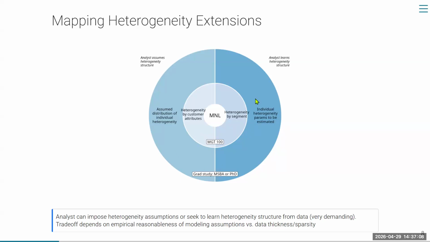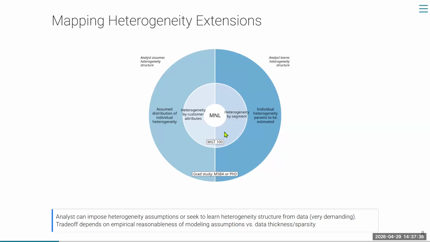And then outside of those, more complicated than that, strictly more general, we can assume a distribution of individual heterogeneity parameters and then estimate the hyperparameters of that distribution. Or we can try to learn the distribution from the data, which again is the most flexible, but it's also the most demanding of the data. We're often not going to have enough data to do this.